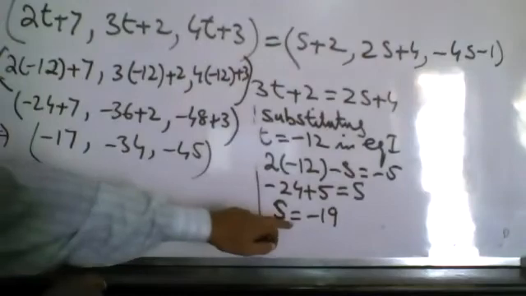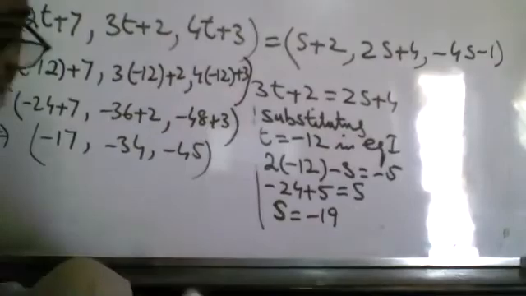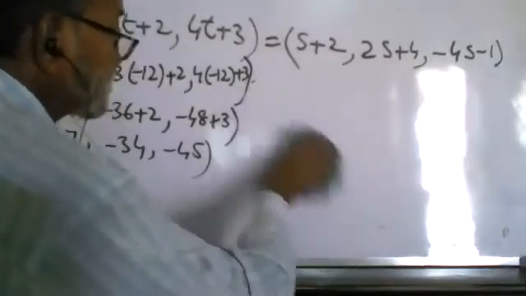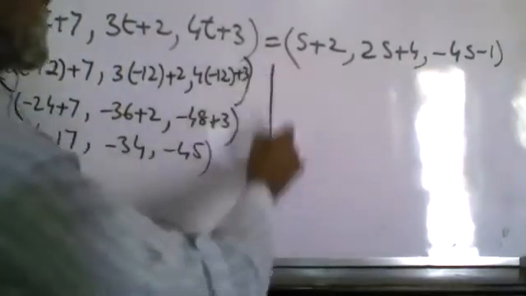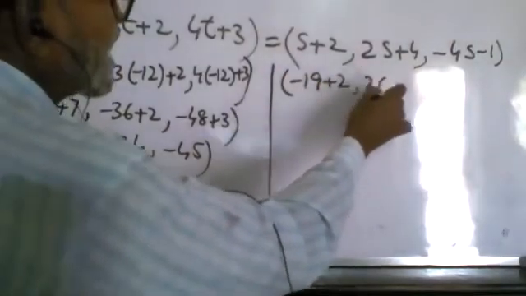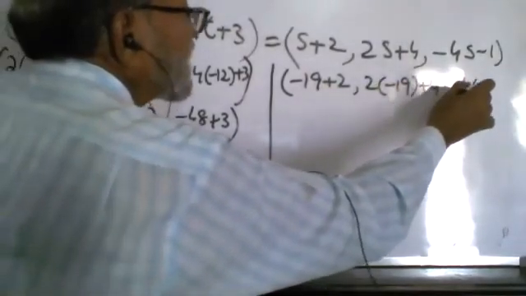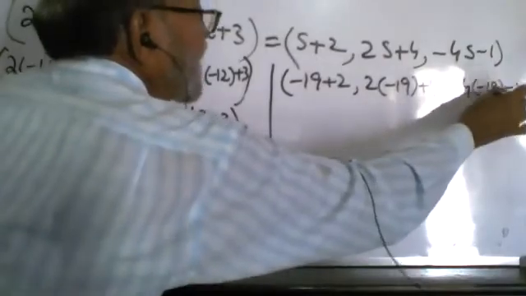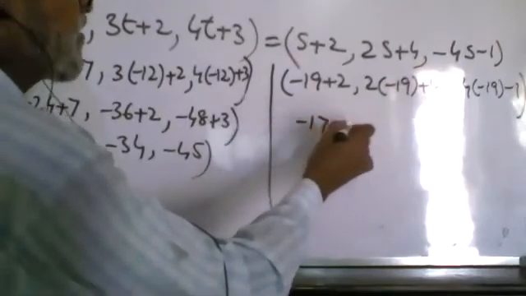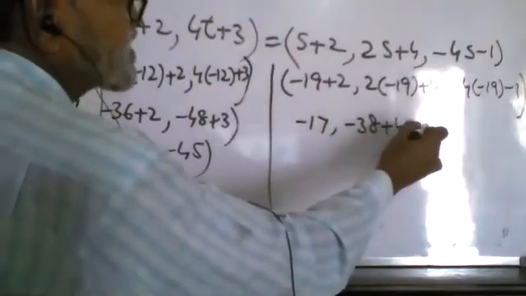Now s is minus 19, I'll put that over there. Minus 19 plus 2, 2 into minus 19 plus 4, minus 4 into minus 19 minus 1. It will become minus 17, minus 38 plus 4, and minus minus plus.